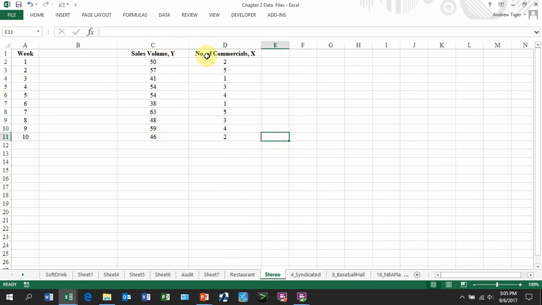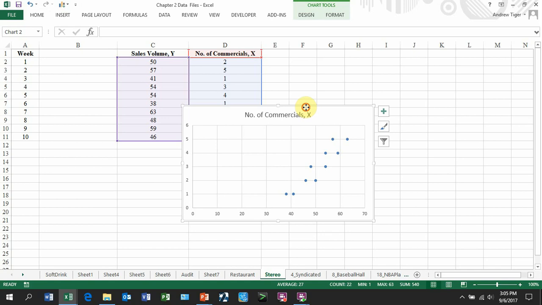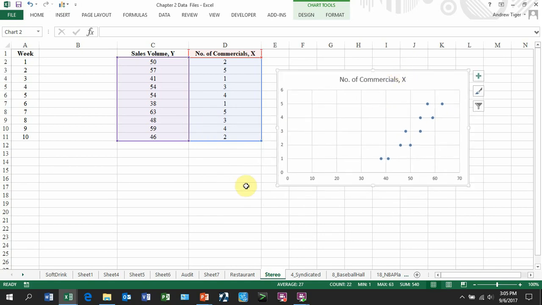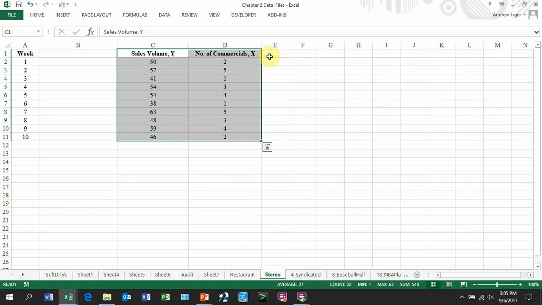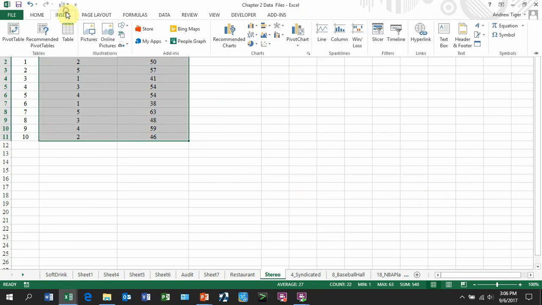And again, you've got to know what is the cause and what's the effect, and sometimes that's a little tricky, but if it's clearly labeled that these are my x's and these are my y's, and you grab the data and you plot it, Excel won't tell you that's wrong, but that's wrong because you're plotting the cause on the y-axis and the effect on the x-axis, and that's not how you're supposed to do it. The cause is always on the x-axis. So if I try to trick you like that, make sure you move that or copy it or move it over and word it to something like this.